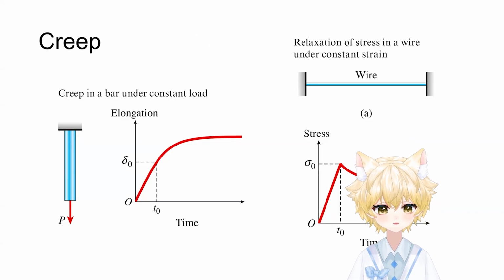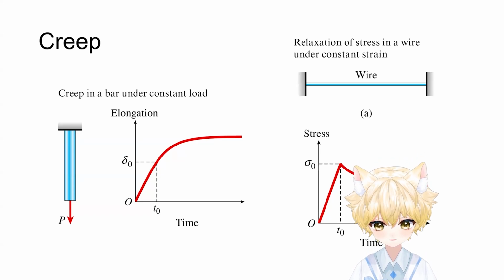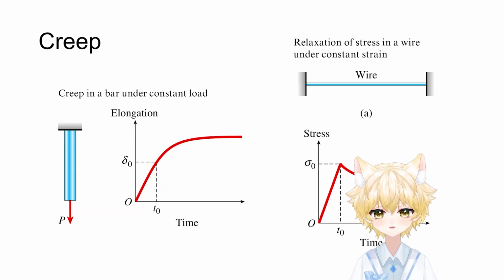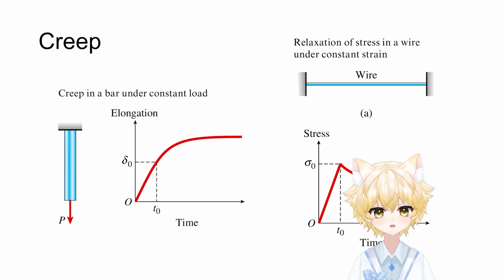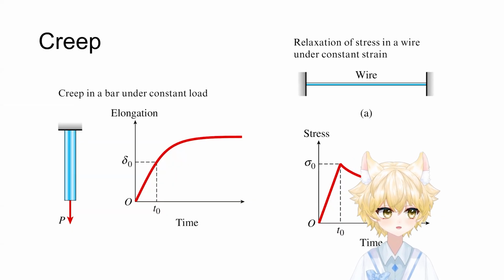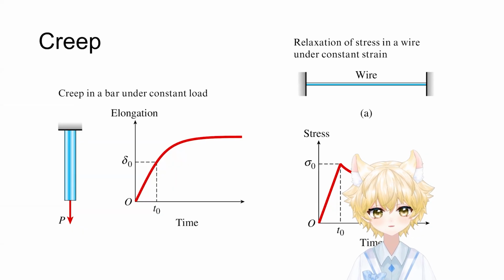Creep is the tendency of a solid material to move slowly or deform permanently under the influence of mechanical stresses. Well, the instant deformation is somehow a kind of idealization. The creep happens everywhere, even under elastic deformation, right? Because your material is not perfect.